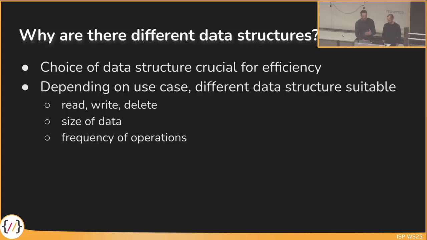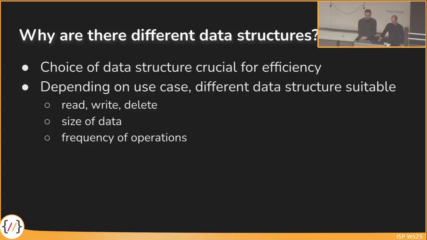Because depending on the use case, we have different ways of interacting with our data structures. In some cases we construct our data structure, for example a list, and then we just always read from the list. Or do we often write into the list by modifying the items in it, adding items, removing items?